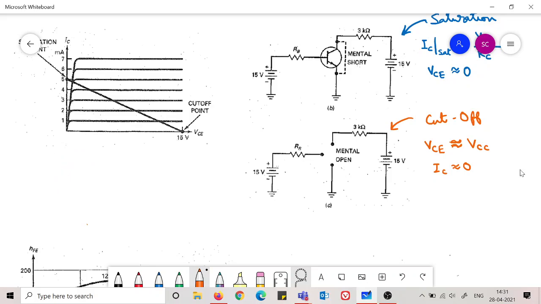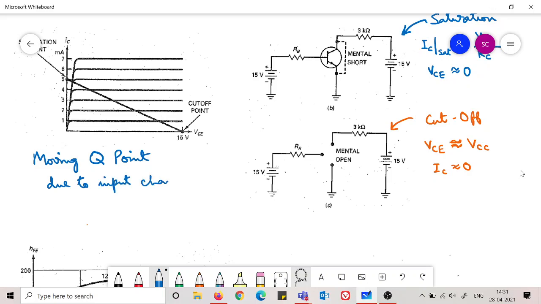You know Q point, the name Q point was given because it is an unmoving point, but in this case the Q point moves, but it moves only due to input changes.